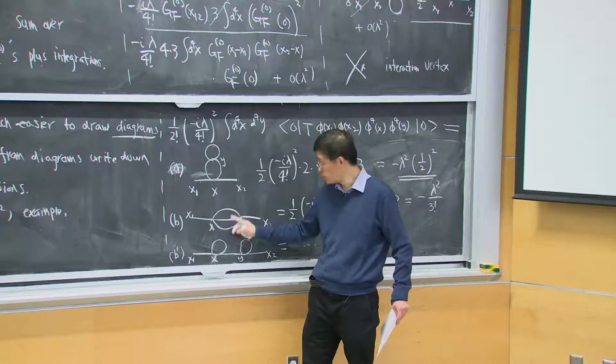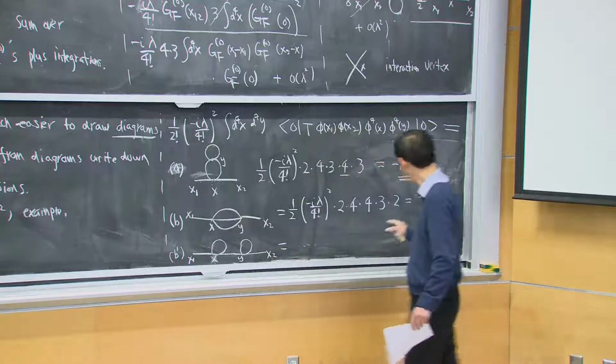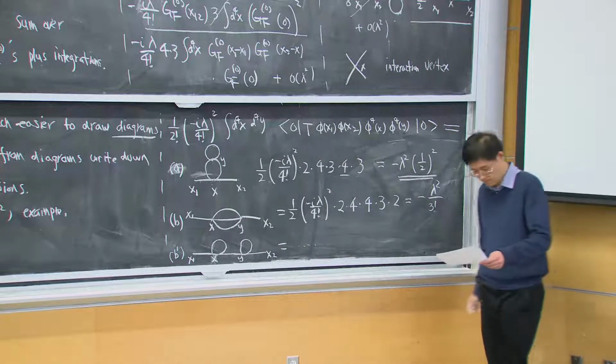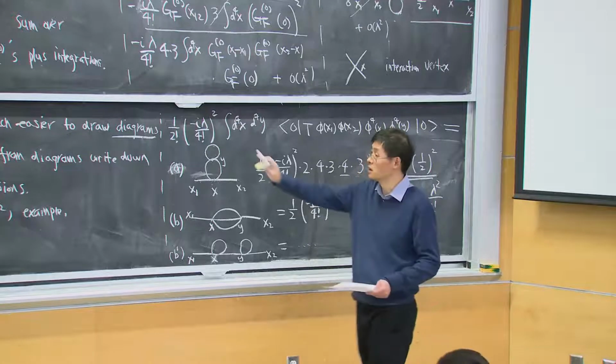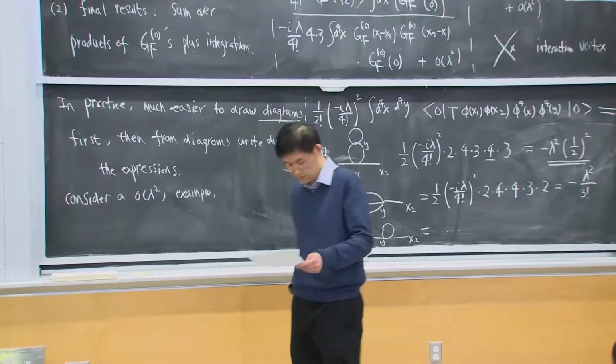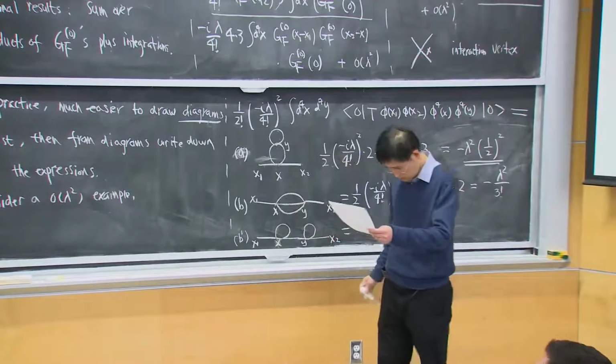When we permute these 3 legs, we have 3 factorial. Similarly, I leave it as an exercise for you to do the other diagrams.